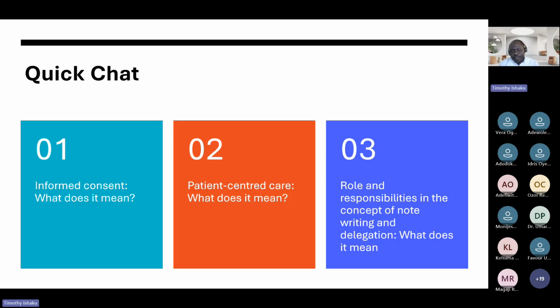In other climes, usually there is what we call power of attorney. So there is usually a legal document in certain countries where, as a patient or a person, you have given the responsibility of your health care to a nominated person.